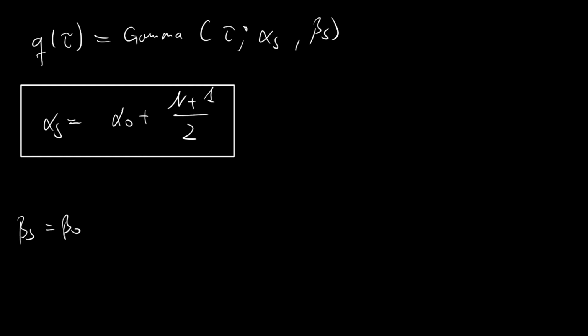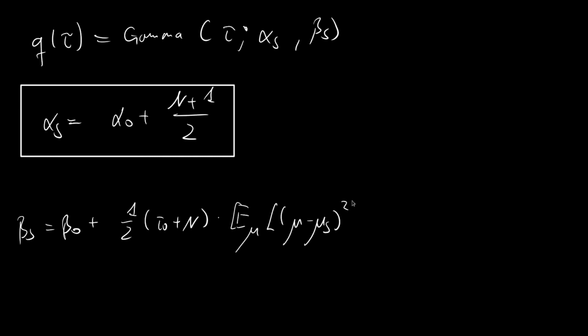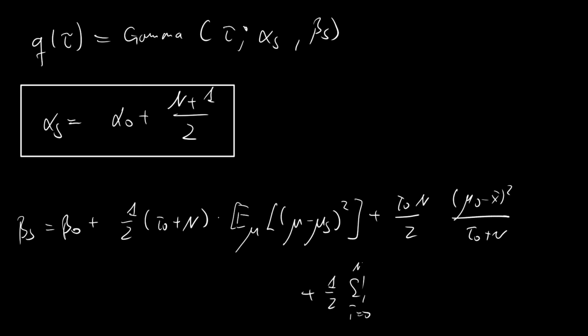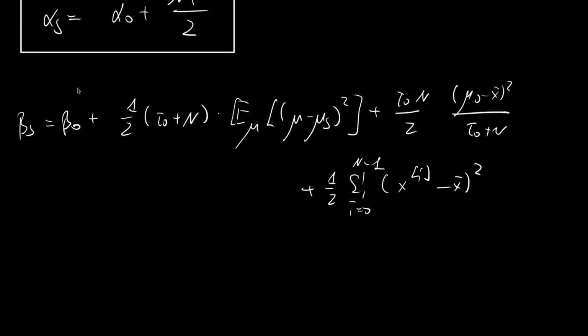It is beta 0 plus 1 over 2 times tau 0 plus n times the expectation over mu of (mu minus mu surrogate) squared, closing the expectation, plus tau 0 n over 2, and here we have (mu 0 minus x bar) squared over tau 0 plus n, and then plus 1 over 2 times the summation from i=0 to capital N minus 1 over (xi minus x bar) squared. And that is our second finding.